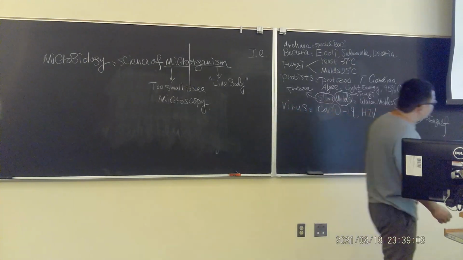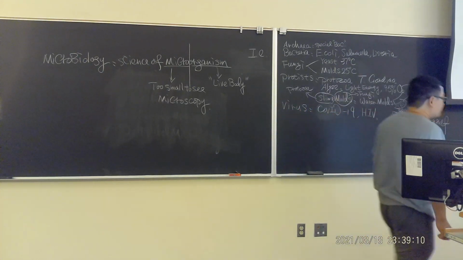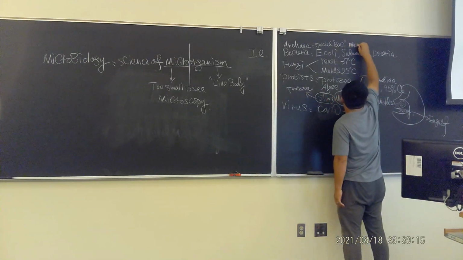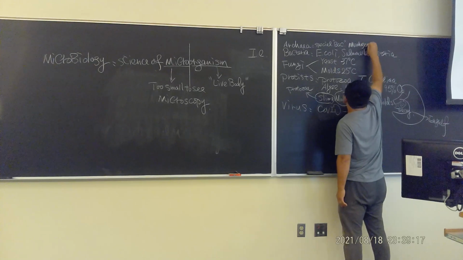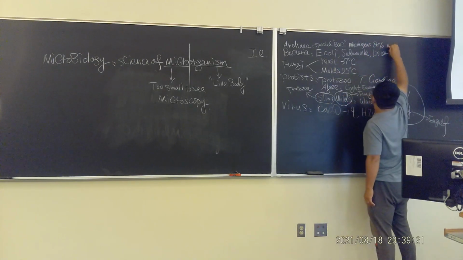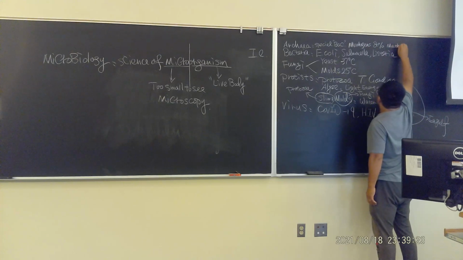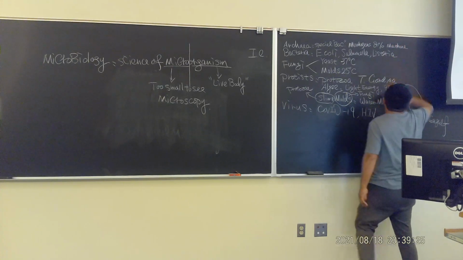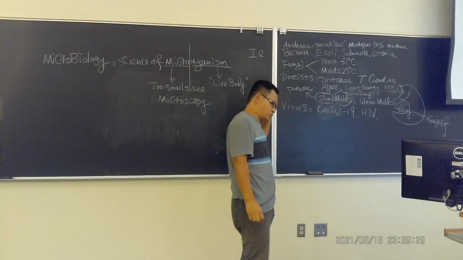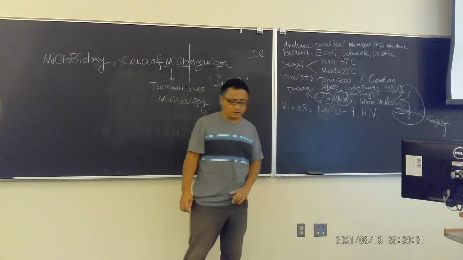And an example here is methanogens, because the methanogens created 80% of the methane in the world. Okay, so that's an example for Archaea. We will mention them very briefly later on.